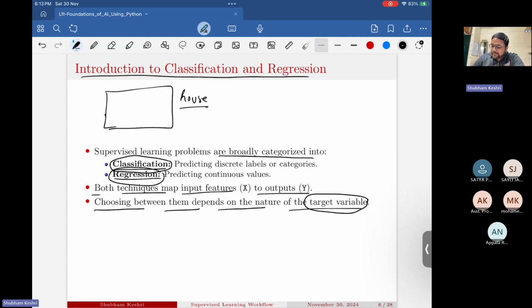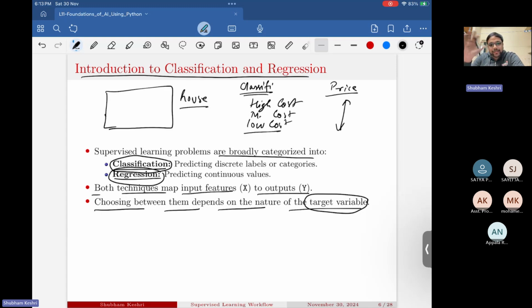For example, for classification we can have labels as high cost house, low cost house, or medium cost house. This is a classification problem on the same data. Another is what exactly the price of the house should be. This is a regression problem, right? So you can have different kinds of problems in the same data set. That is what I wanted to tell you over here. Any doubts?